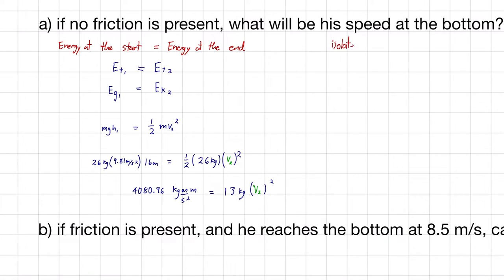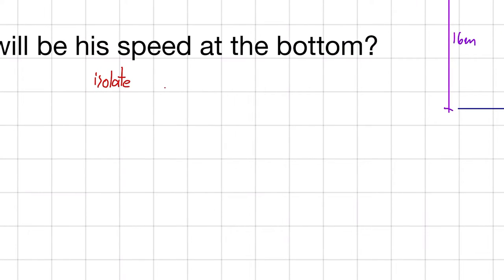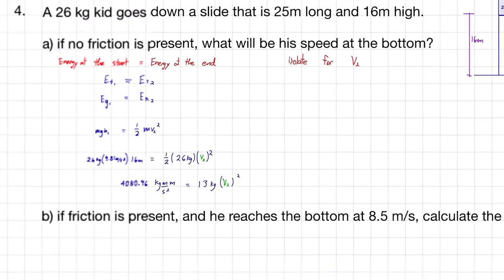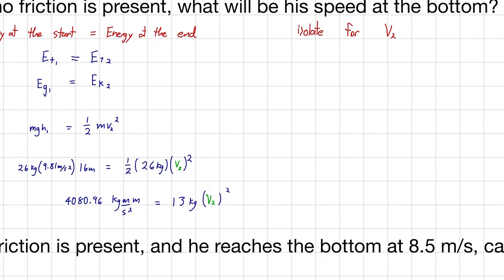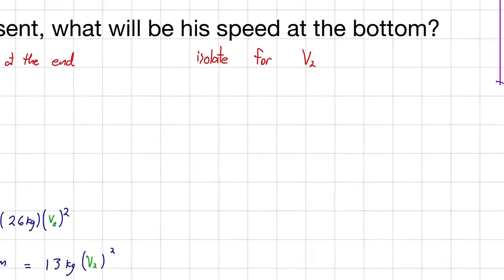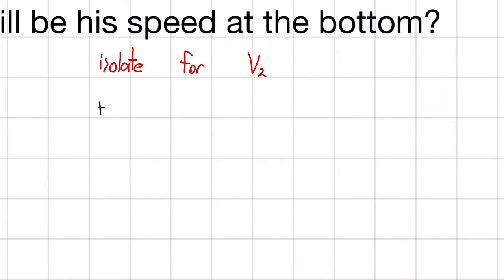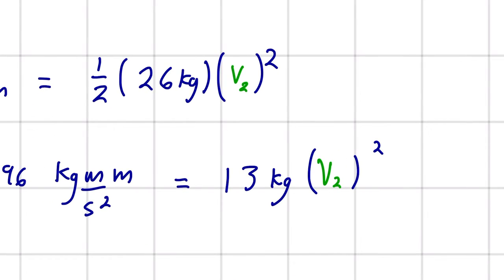So our next step is to isolate for V2. That's our unknown. So I'm just going to rewrite this equation up top. 4,080.96, and for this I'm going to fix up these units.